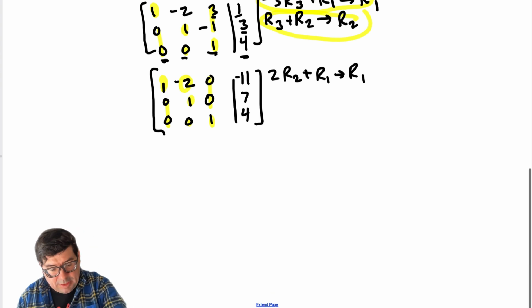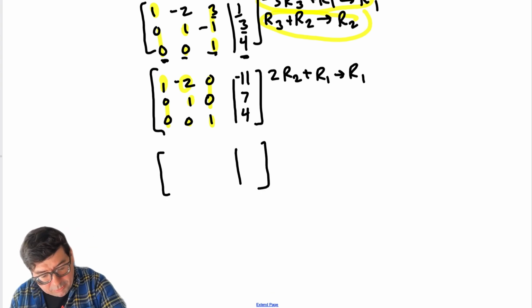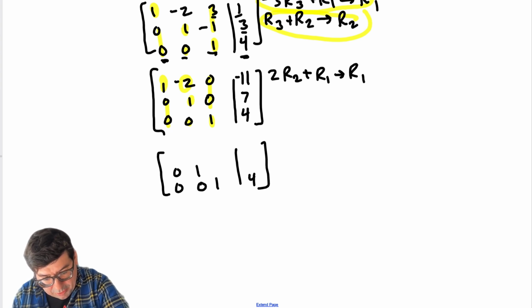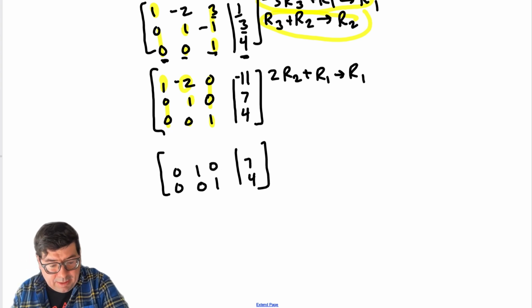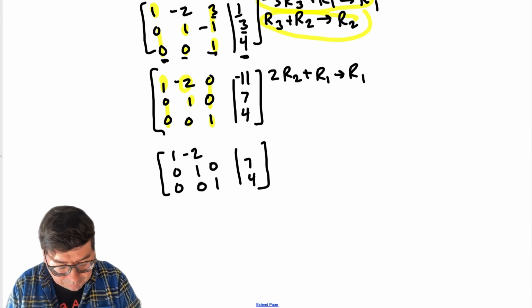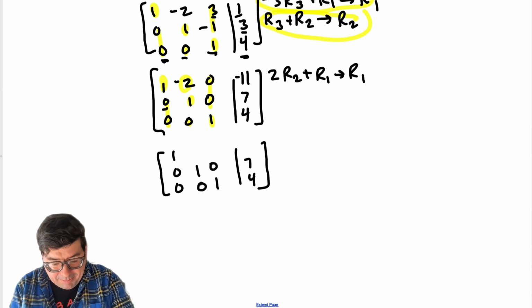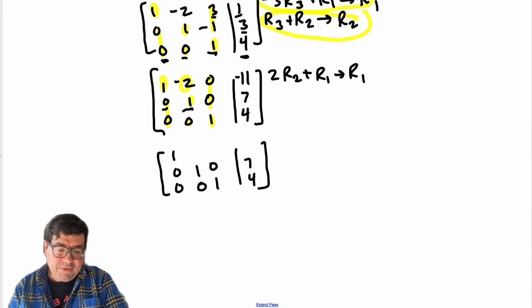So in this case, no computations for the second or third rows. So we have 0, 0, 1, 4, 0, 1, 0, 7, and these two numbers are not going to change, 1 and -2, because, no, wait, the 1 is not going to change, excuse me, because of the 0 in this spot. But this 1 will affect the -2 above it.